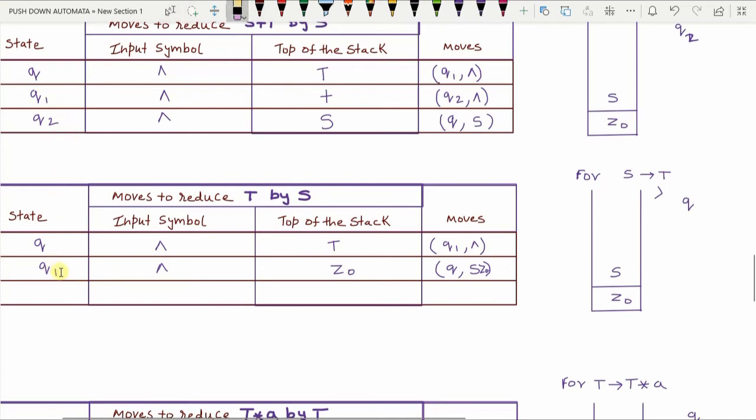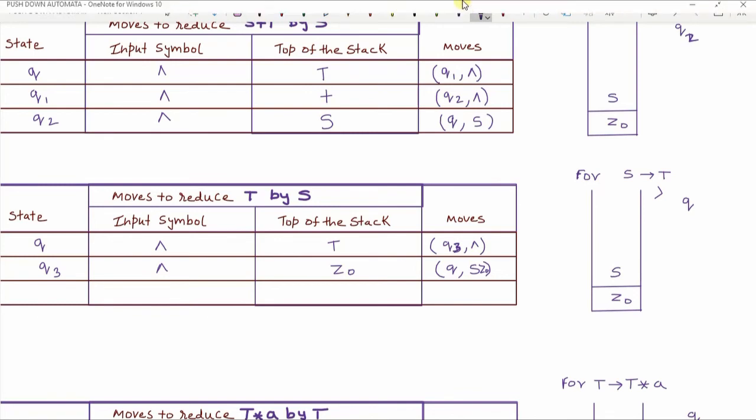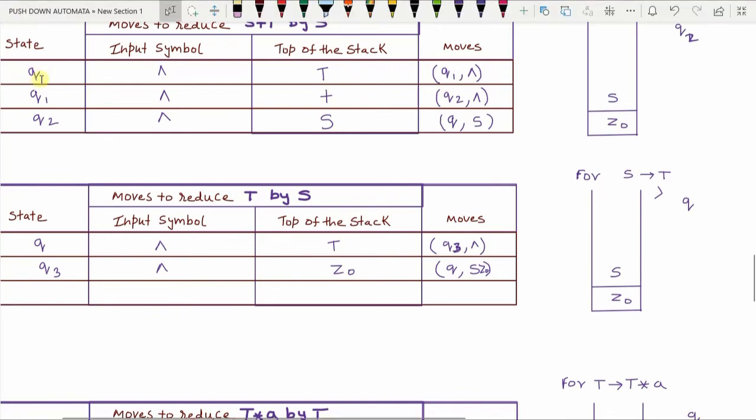So I forgot to tell you, I will do it now. So this is Q3, suppose. And here also it is Q3. Remember, only the initial state that I am starting with, Q, should be the same in all tables, but the other states should have different labels. No two states should have the same label. So I will just say Q3.